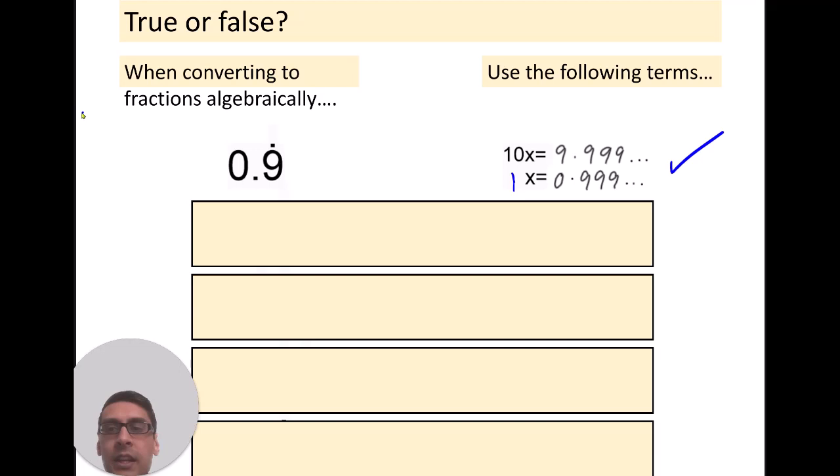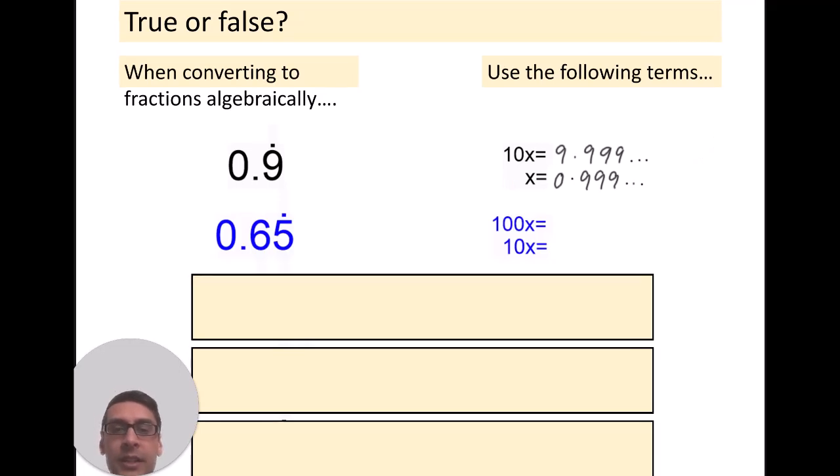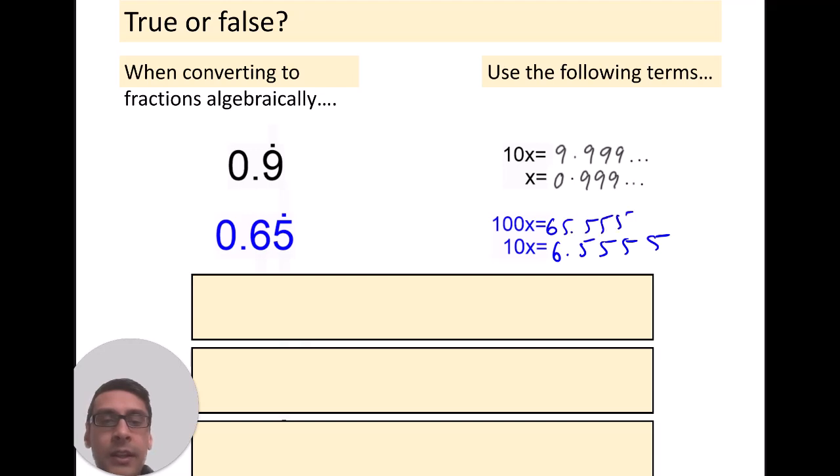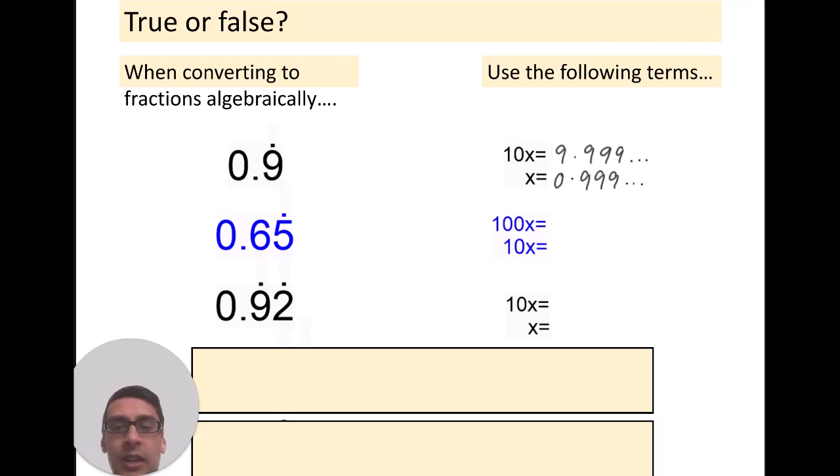How about for the next one? 0.65 recurring. Pause the video, check yourself briefly, and then I'll show you the answer. So in this case, 10x would be 6.5 recurring, and 100x would be 65.5 recurring. So yeah, that does work. That's correct.